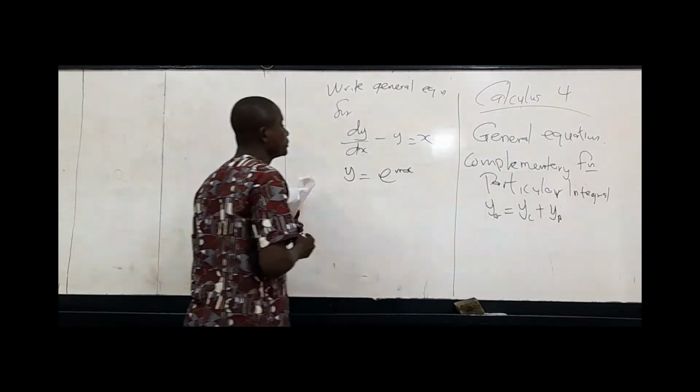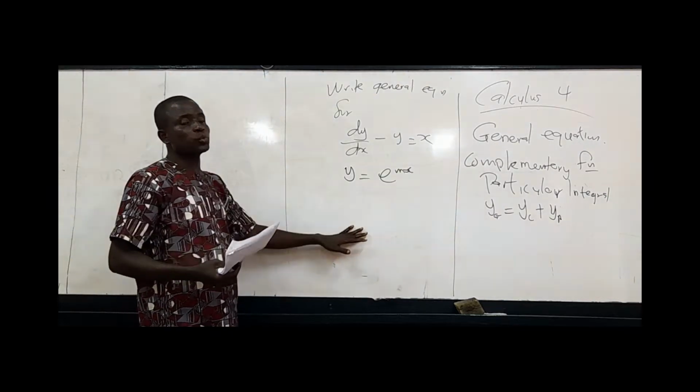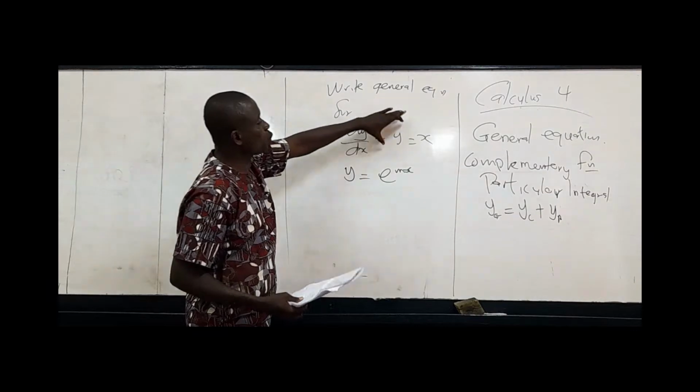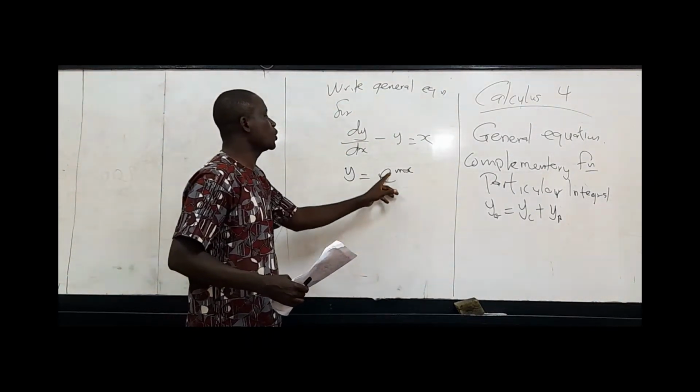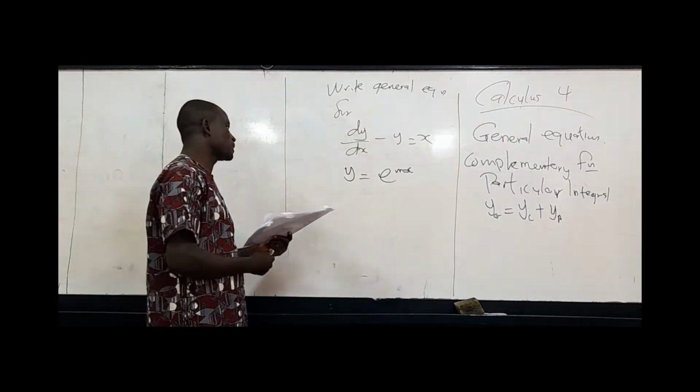Now just follow me. This thing that I'm doing, we are going to substitute it into something, and you get it. So in this case, this y is given by e^(mx), and you know this natural logarithm and this base.